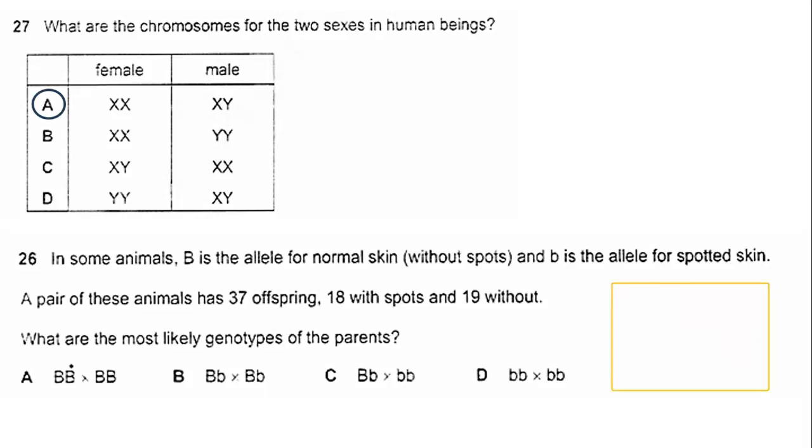Here is the square. We go with the 4 squares inside. As I told you before, I'm not very good at drawing. Now we will do the gametes. So we have capital B, lowercase b, and capital B again, lowercase b.